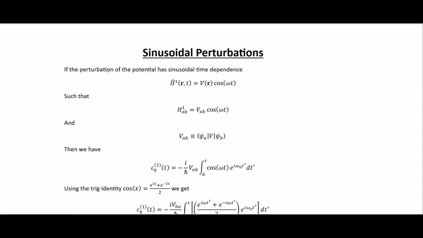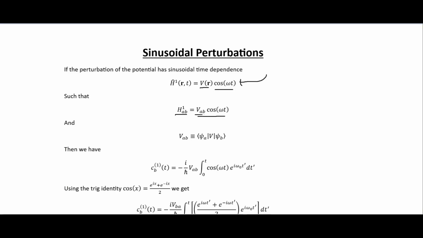All right, so if the perturbation of the potential has sinusoidal time dependence, then we will end up with this right here: our potential times this cosine of omega times time, such that the off-diagonal first order perturbation is going to be equal to this.